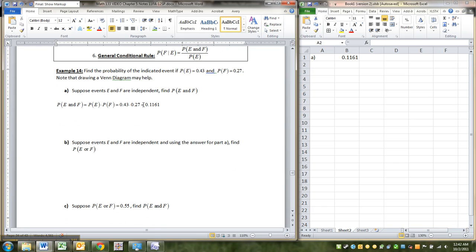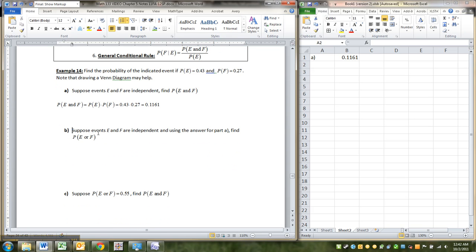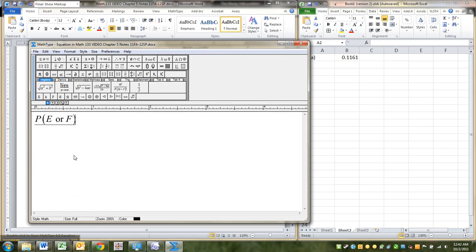All right, suppose E and F are independent. Using the answer for part A, find the probability of E or F. Okay, so the probability of E or F is equal to the probability of E plus the probability of F minus the probability of E and F, right?